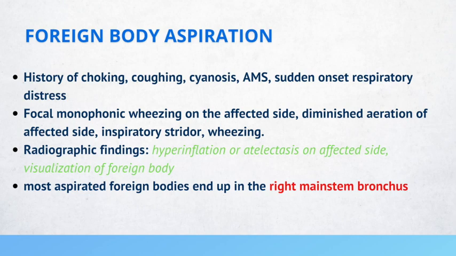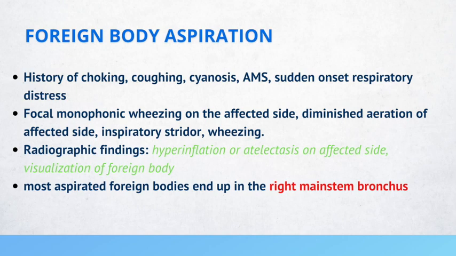So it's typically unilateral. There will be diminished aeration of the affected side, inspiratory stridor, and even wheezing. Radiographic findings include hyperinflation or atelectasis on the affected side. You can even visualize the foreign body sometimes. Most aspirated foreign bodies end up in the right main stem bronchus.